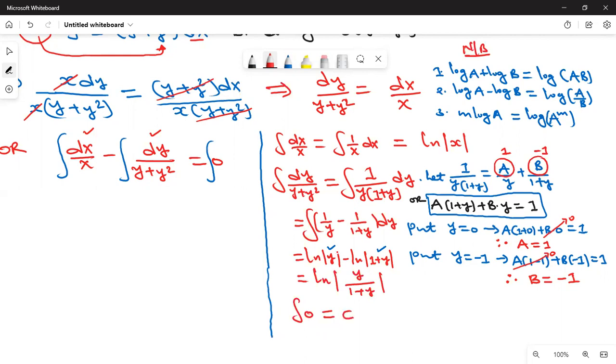So therefore, let's replace our answers. The first one was this on the left. Another one is this, and on the right we have c. So we are going to say that this one gave us ln x. This other one gave us minus ln of y over 1 plus y.